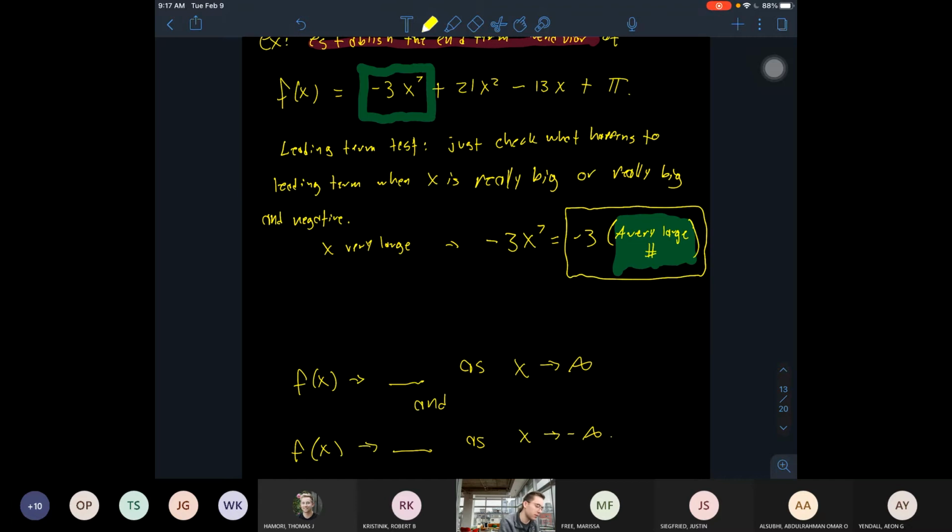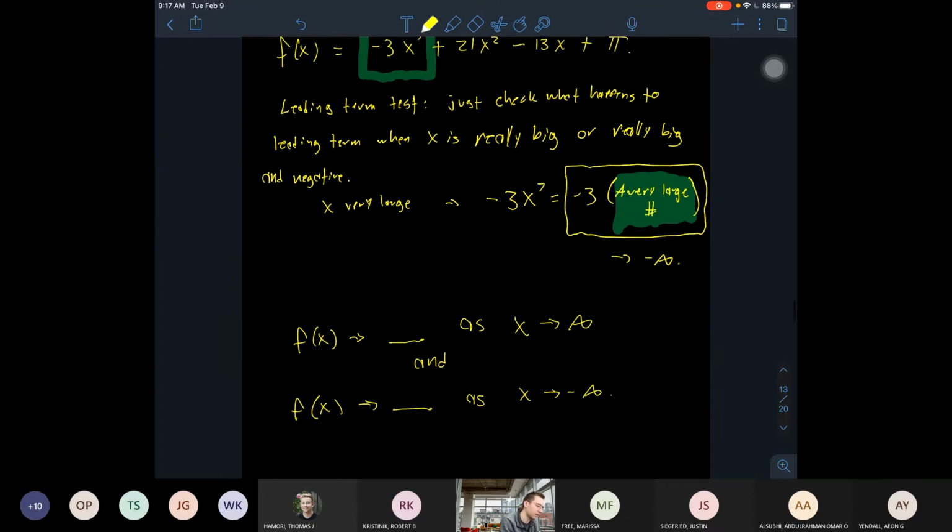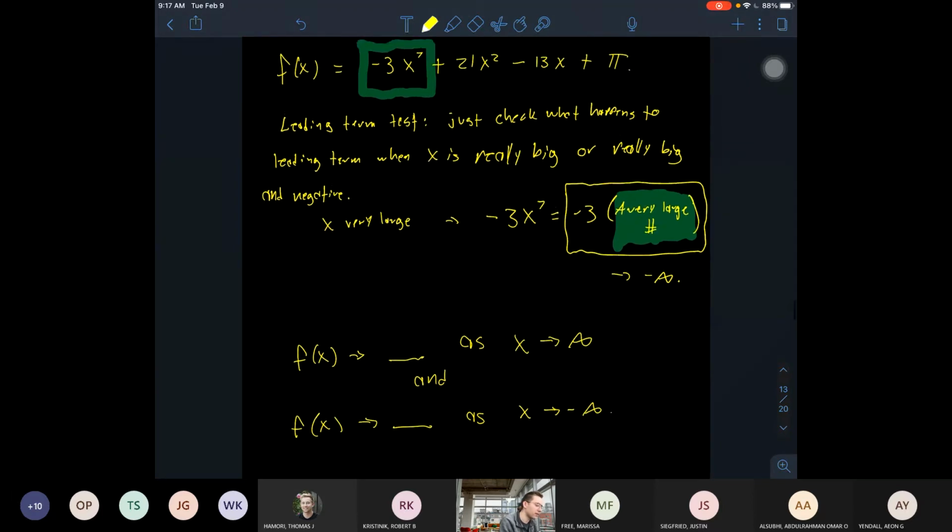Because we're going to take a really big number and multiply it times something negative. So this is going to negative infinity. So now I can fill in this part of my response. I want to just write, okay, f of x is going to negative infinity as x goes to infinity.